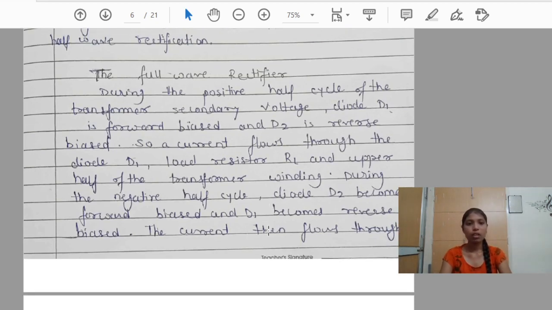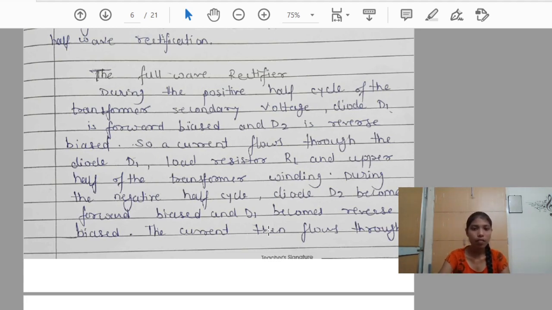Then the full wave rectifier: during the positive cycle of the transformer secondary voltage, diode D1 is forward biased and D2 is reverse biased. So the current flows through the diode, load resistor and the upper half of the transformer winding.